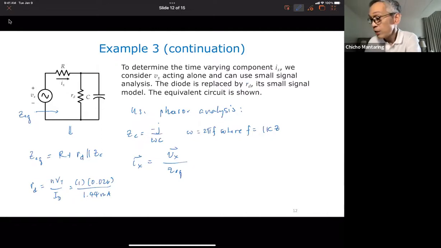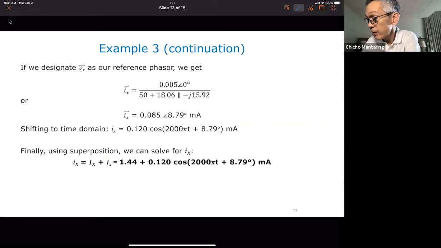So this is the phasor value of I of x, and if you convert that now to time domain, this is what you get. And so finally, this is going to be your expression.